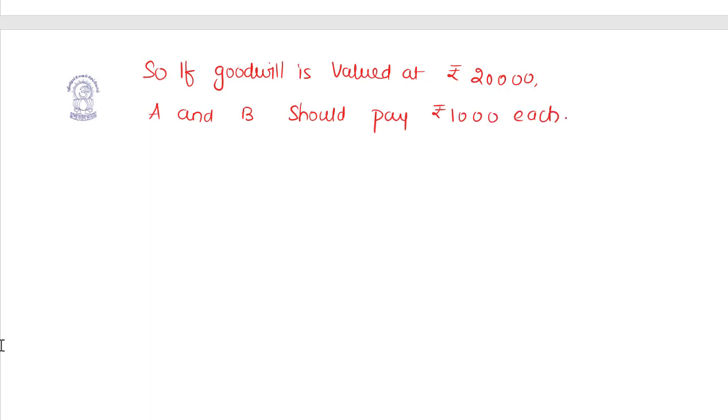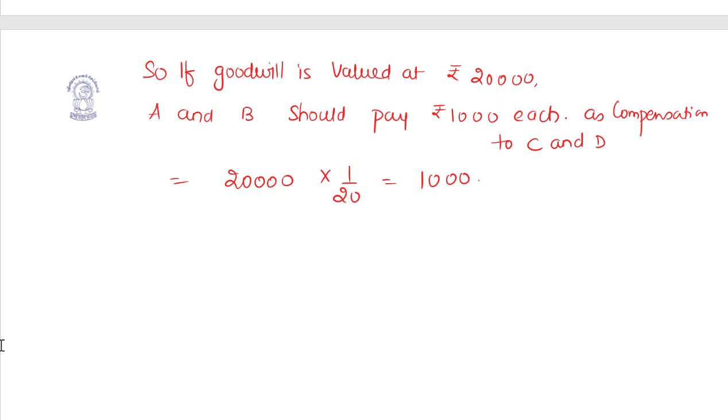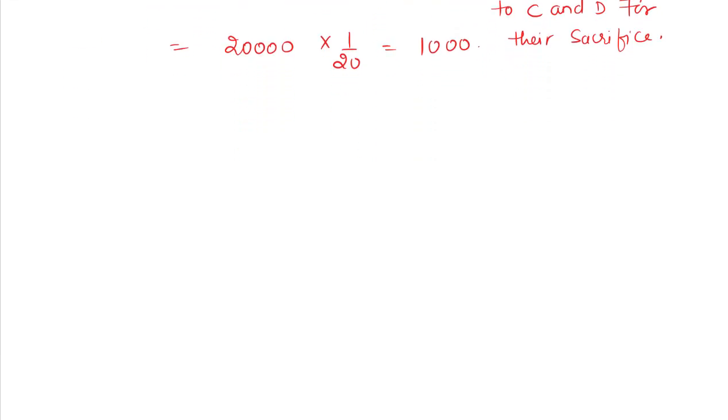How did this 1,000 come? 20,000, the value of goodwill, multiplied by 1 by 20. That is 1,000. They pay 1,000 each as compensation to C and D for their sacrifice. I believe you understood this.